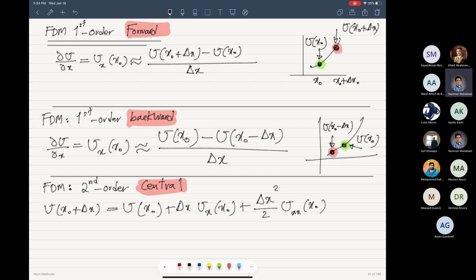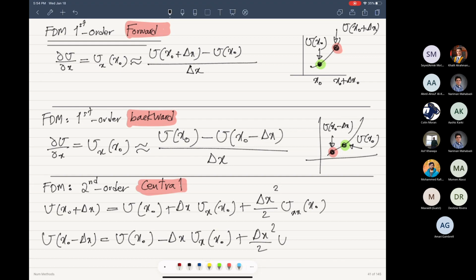Now I'm going to write the Taylor series in backward. So u at x naught minus delta x is going to be u at x naught, minus delta x times ux at x naught, plus delta x squared over 2 times uxx at x naught.